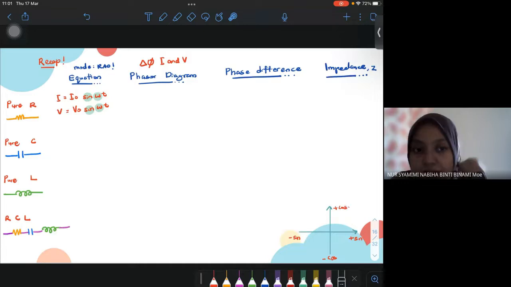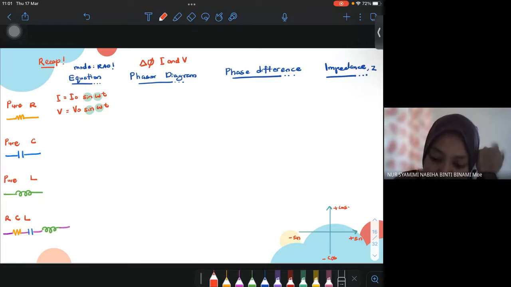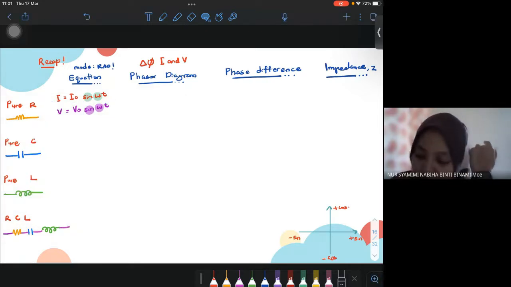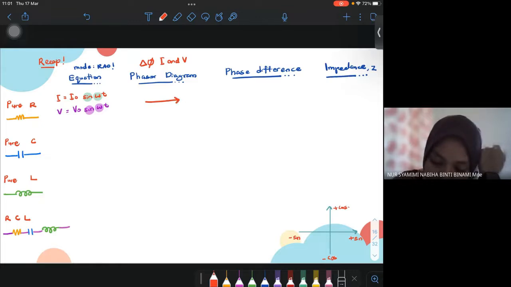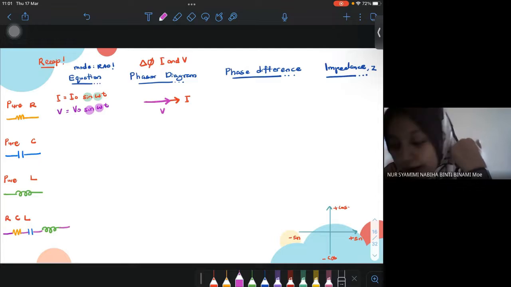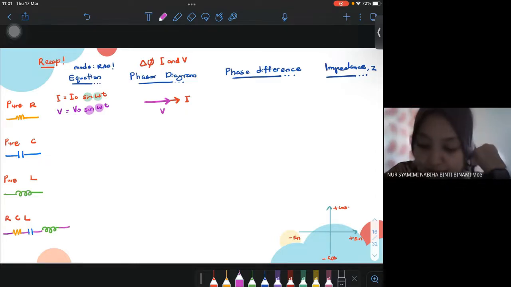Disebabkan dua-dua ialah positive sin, I akan bergerak ke kanan, dan V juga akan ke kanan. So the phase difference between I and V, kita boleh katakan I and V are in phase.